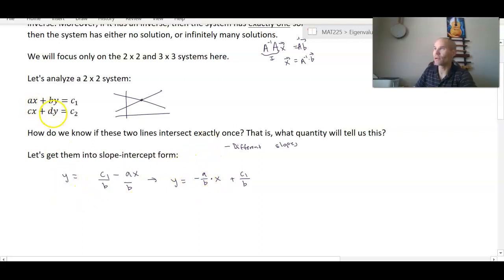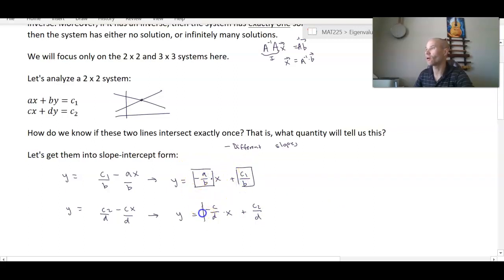And similarly for the second equation, subtract CX from both sides. So C2 minus CX, and then divide both sides by D. And then rewrite it a little bit more neatly. Y equals negative C over D times X plus C2 over D. Okay, now what we know from slope-intercept form is, if we think about this as mx plus b, here are our slopes and intercepts.